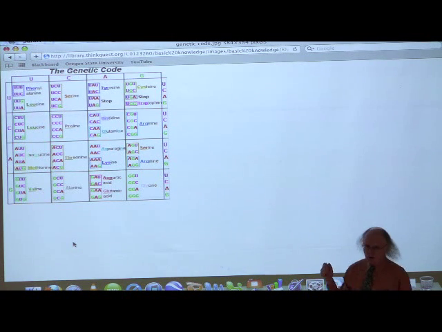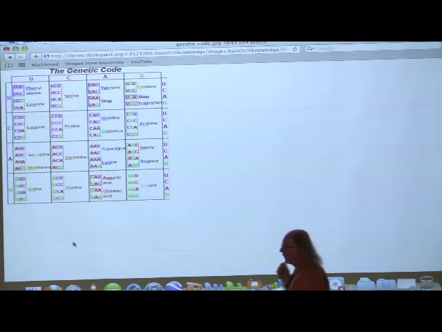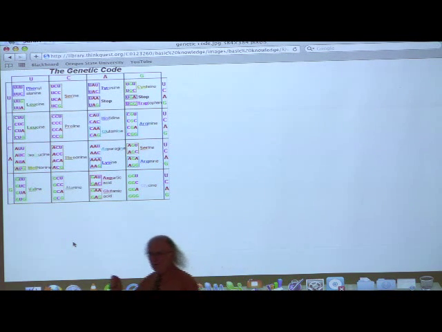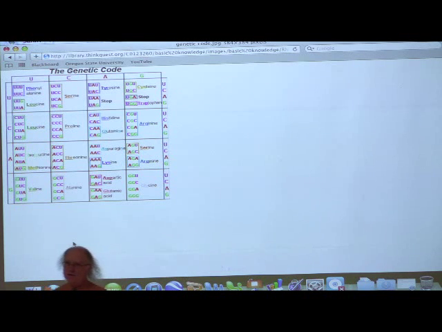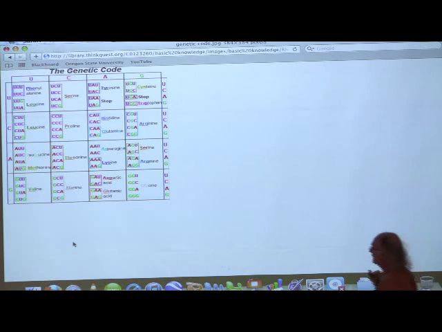CGU specifies arginine. Okay? There are 20 amino acids. There are 64 possible codes. That tells us that many amino acids have more than one code. 3 bases of the code is called a codon.